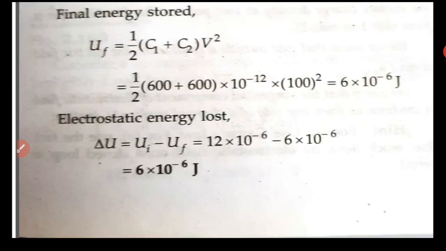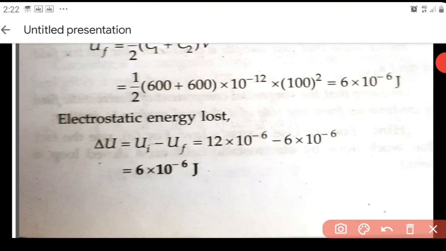Final energy is stored in the system of two capacitors, the parallel combination. So final energy is half C1 plus C2 into V square, where C1 plus C2 is the effective capacitance of the parallel combination and V is the common potential. Substituting, we get 6 into 10 raised to minus 6 joule.